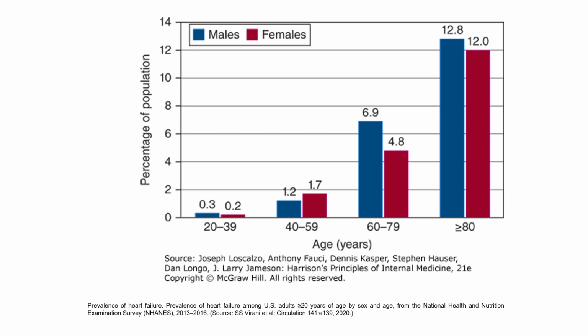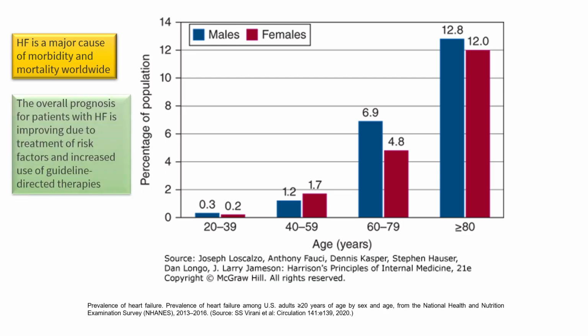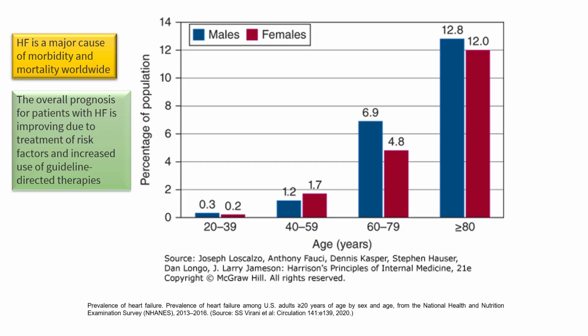Heart failure is a major cause of morbidity and mortality worldwide. The overall prognosis for patients with heart failure is improving due to treatment of risk factors and increased use of guideline-directed therapies.